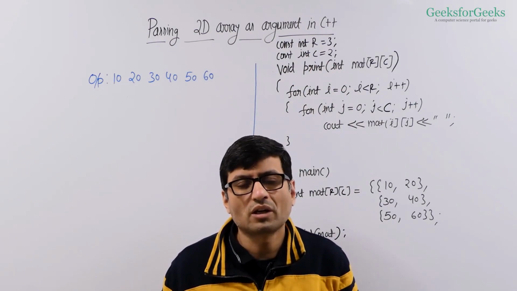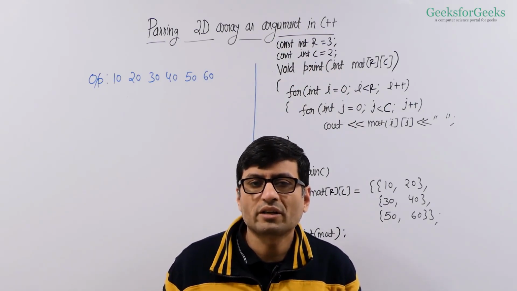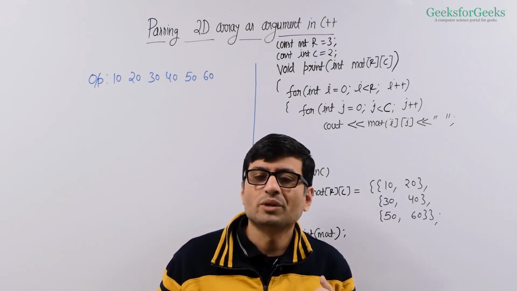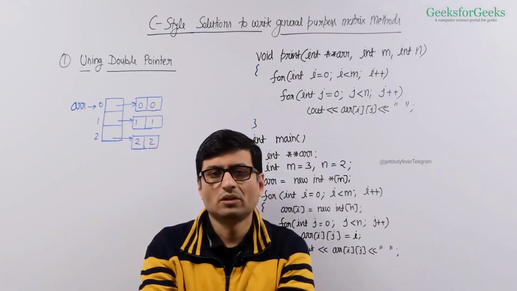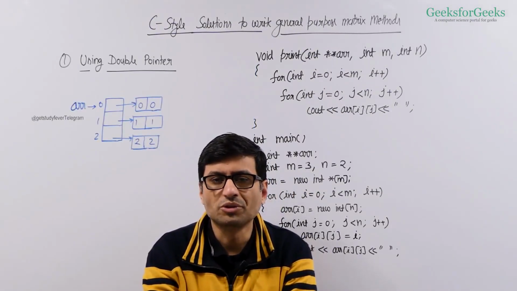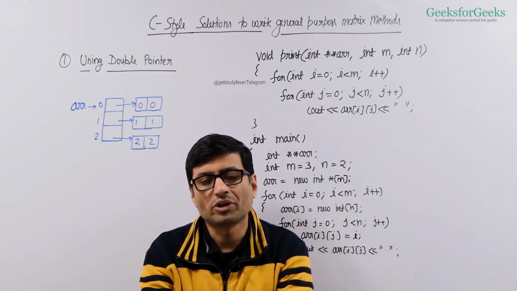Now we'll talk about other ways for handling this problem, where we can write a general purpose function which can work for a matrix of any dimension. Let us talk about some C-style solutions to solve the problem. The first solution is double pointer.